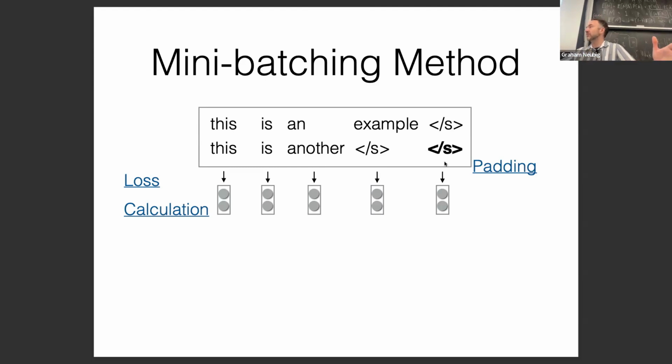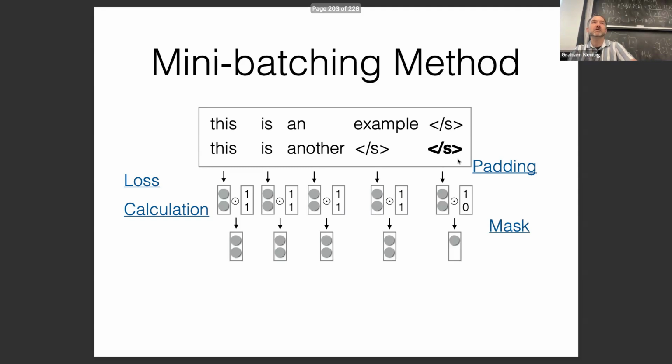So you take multiple sequences, put them in a single batch, and pad them together to make them the same length. Do appropriate masking to make sure that you're masking out the padded sequences, and calculate loss and take the sum of them. And this is done under the hood for you in PyTorch or whatever else you're using. You can just do it when you create batches using their data loader.